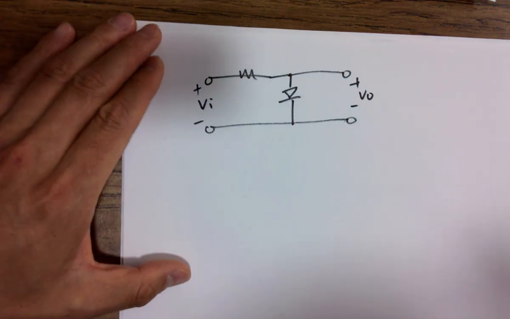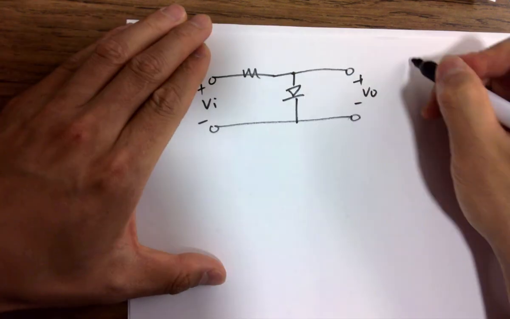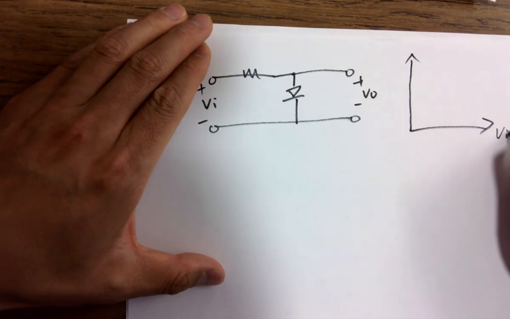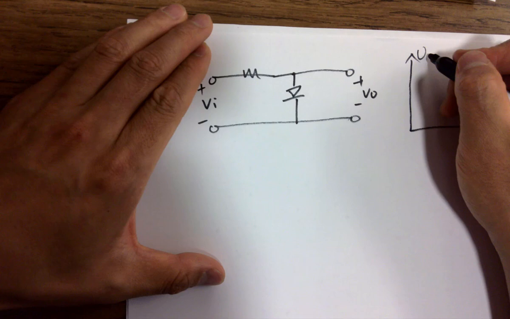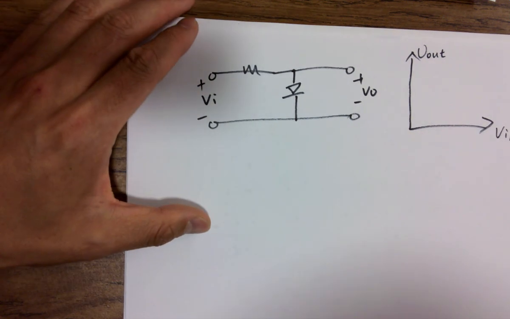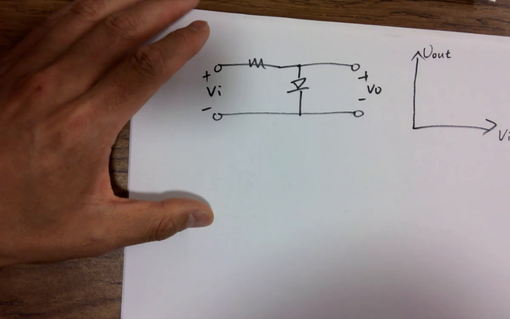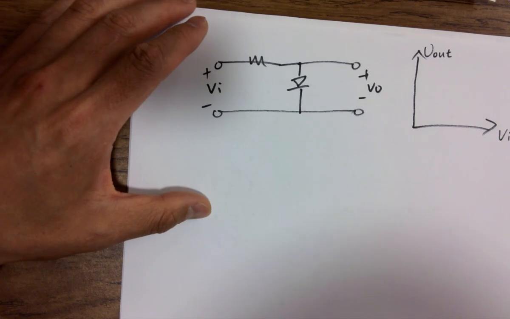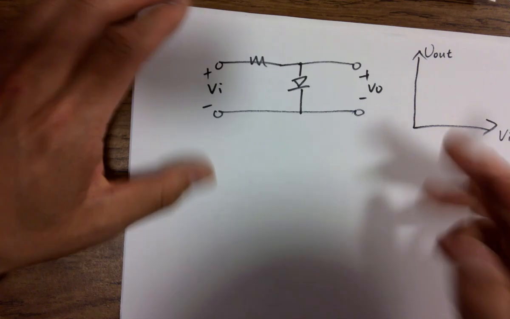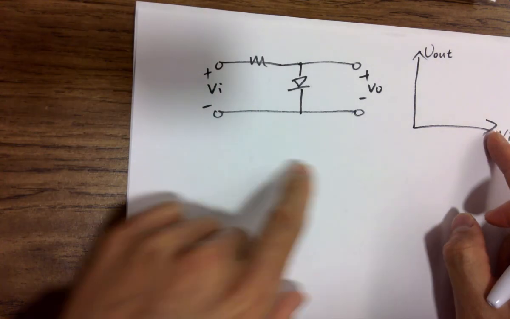If you look at this curve, just X and Y, this is V in. Can you plot V out for me? V in changes from a negative voltage to a pretty large positive voltage.